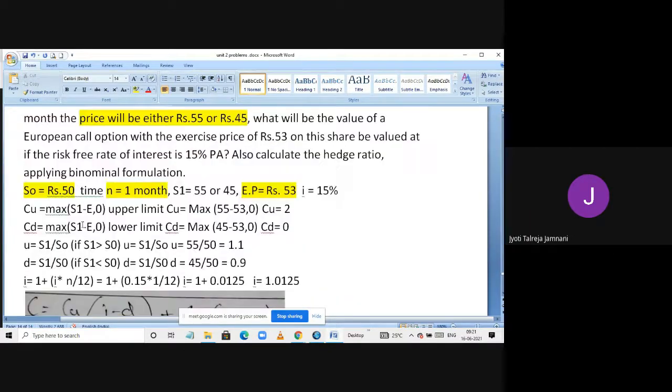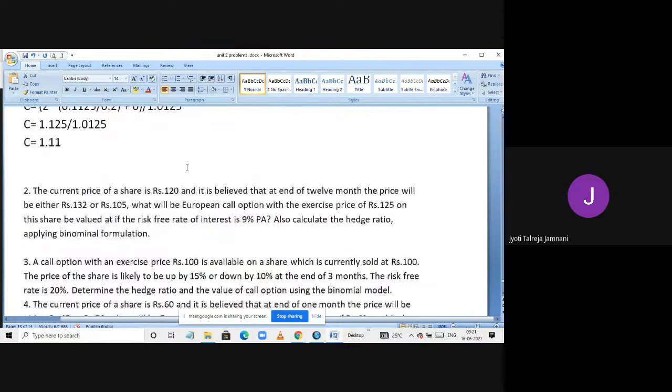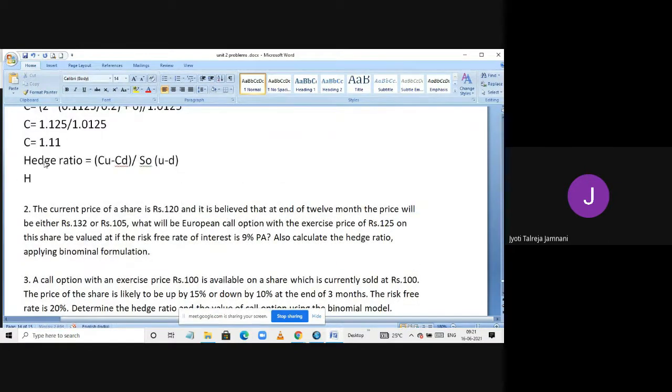Now they have asked you to also do the hedge ratio. So I'll copy the formula of hedge ratio. Hedge ratio is equal to CU minus CD, divided by S naught into U minus D. CU was 2, CD was 0.